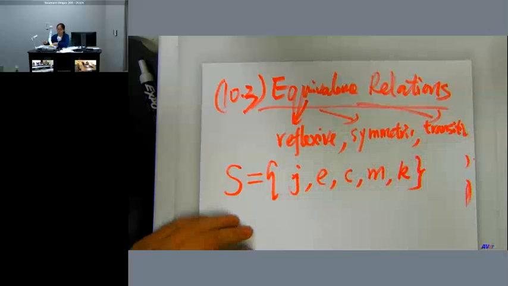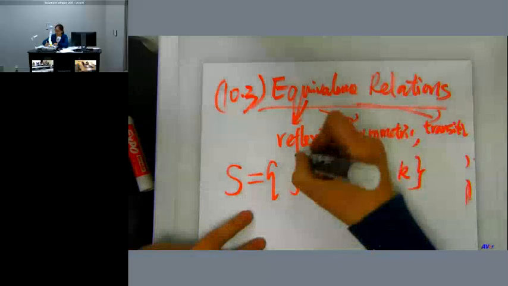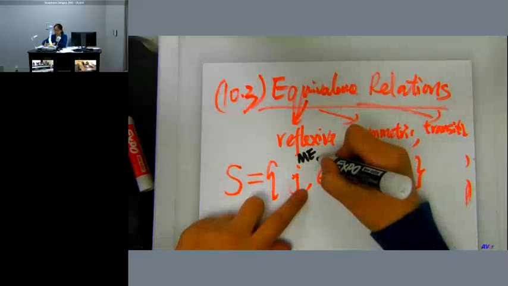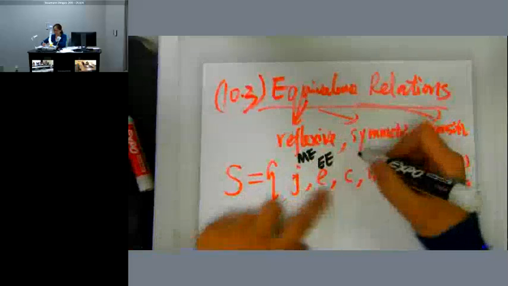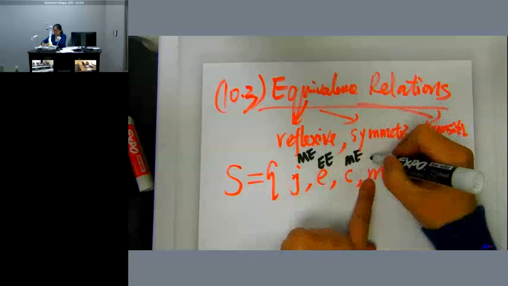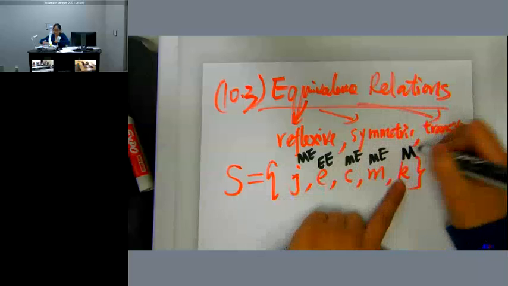Let's say James is middle childhood education. Elena is, say, early childhood education. And Curtis, middle childhood education. And Morgan, middle childhood education. And Katie, let's say she's a math major.